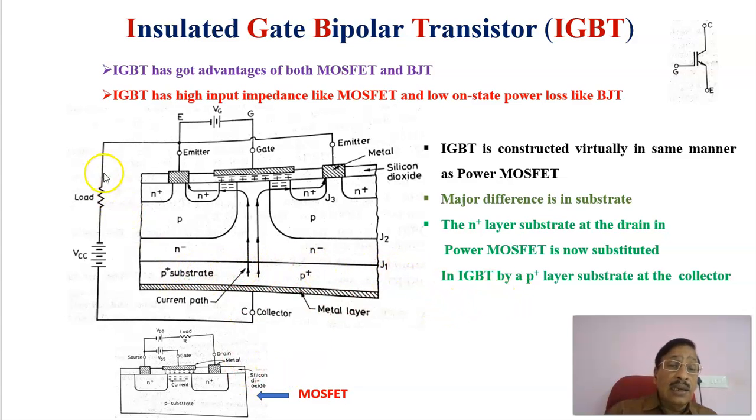This is the basic structure of an IGBT. Externally, the load is connected between the collector terminal and the emitter terminal, with a source VCC.